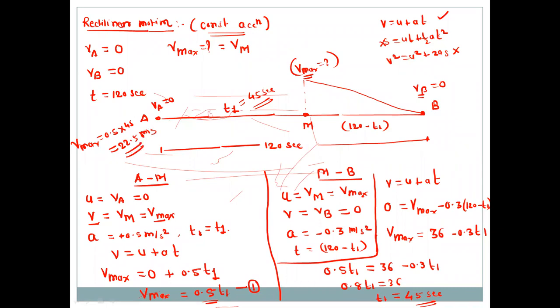So Vmax, the maximum velocity during the motion, is 22.5 meters per second. This is how you can analyze the given motion. For such types of problems, we have to use the three equations of motion.